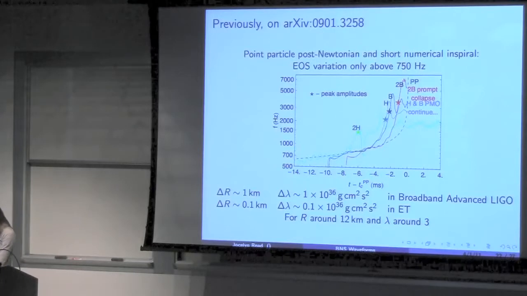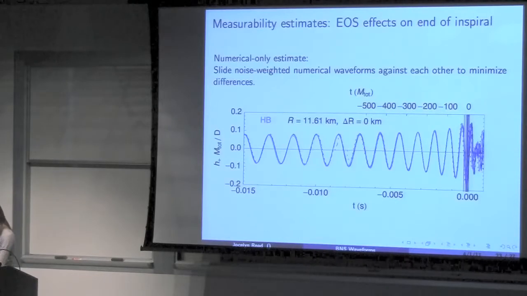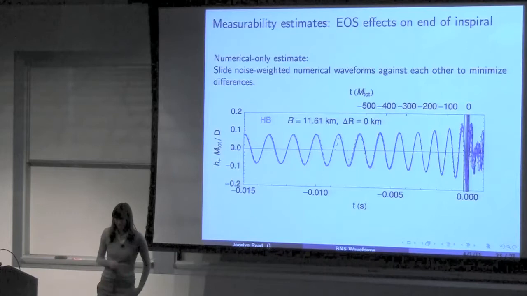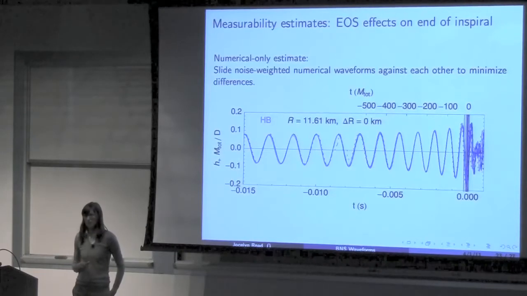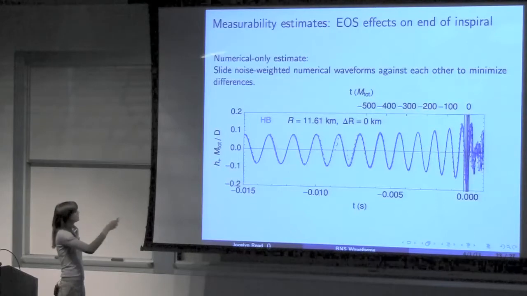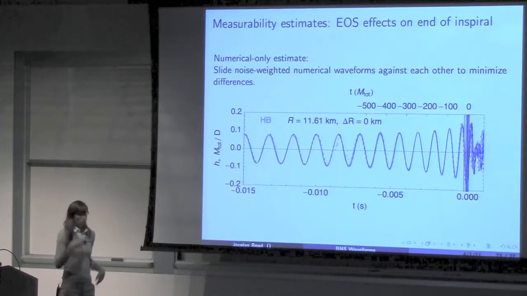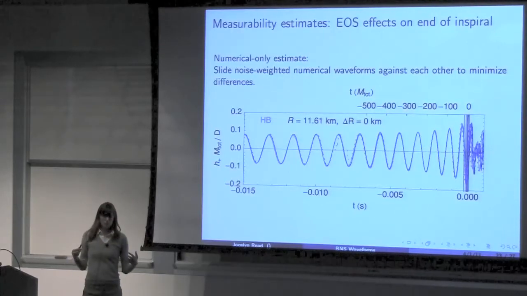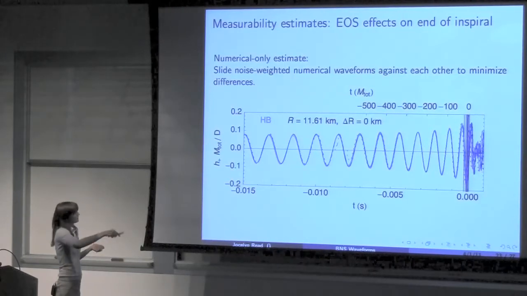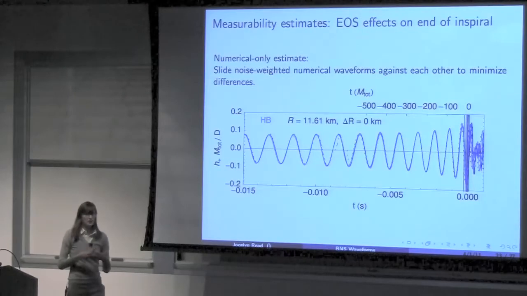Okay. So I would have liked to be able to do something with hybrids, but that's difficult. So what we can do, though, to avoid the difficulties in constructing robust hybrids that do not suffer from systematic errors, is to just take our numerical waveforms, weight them by the noise so that parts of the numerical waveforms that are invisible do not contribute, and slide them against each other to minimize the correlation.